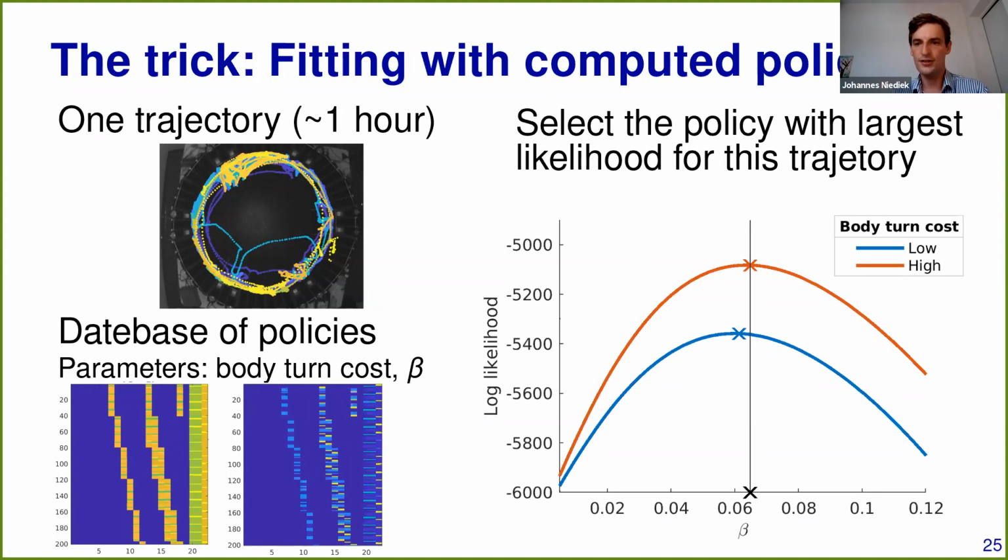And the red cross is the optimal fit. So out of all policies that we have, the one with high body turn cost and some beta value above 0.06 best describes the rat trajectory.